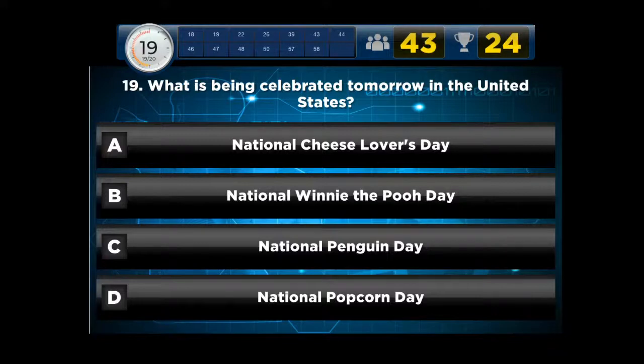Less than half the time now remains. National Cheese Lovers Day, National Winnie the Pooh Day, National Penguin Day or National Popcorn Day? What's being celebrated tomorrow in the United States?